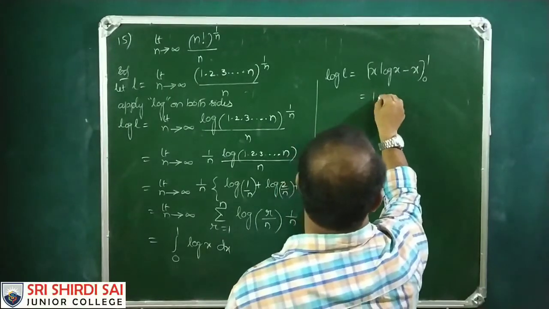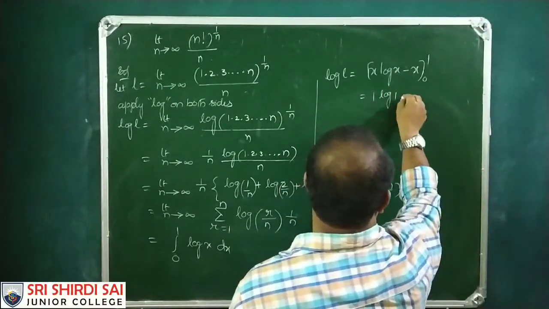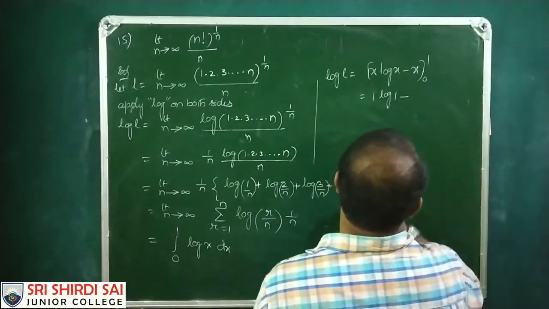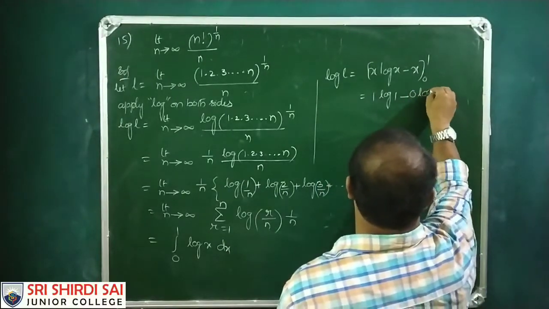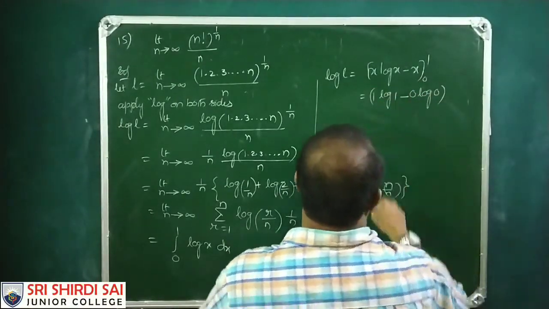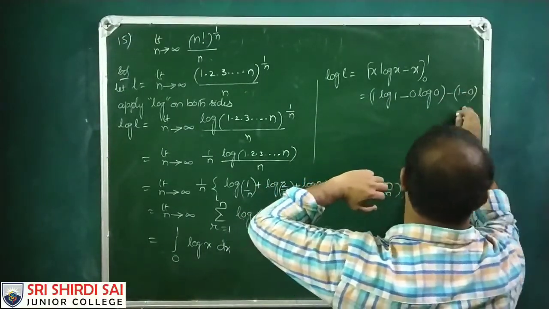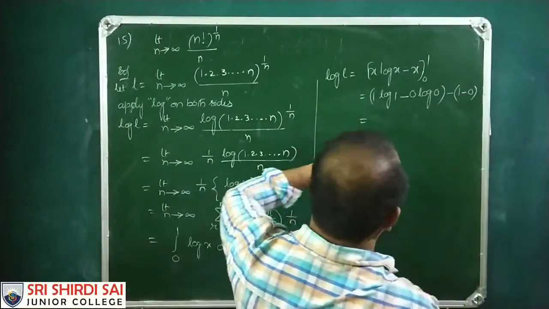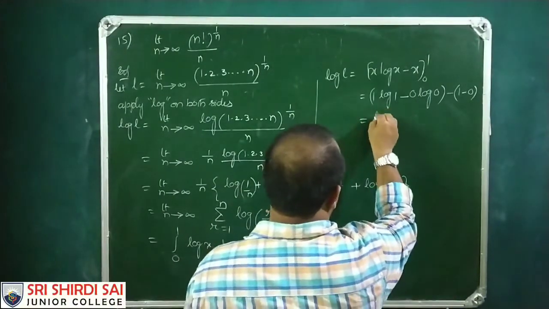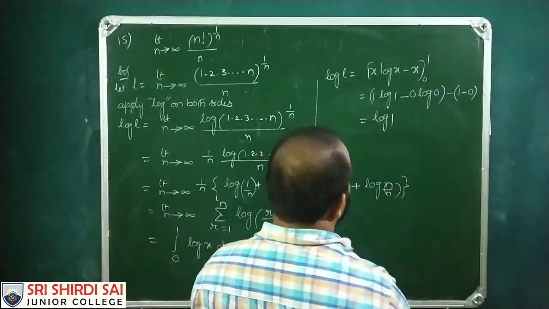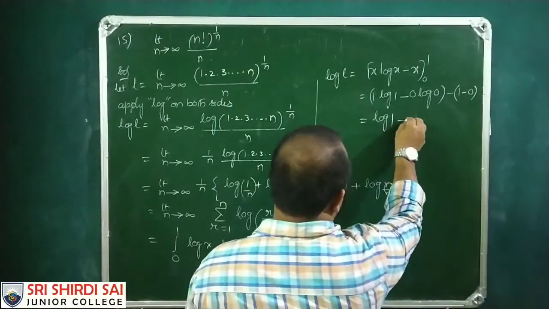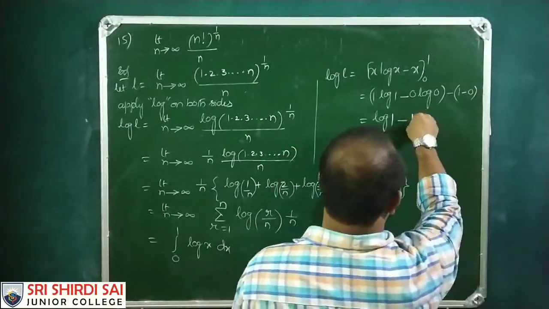This is 1 log 1 minus 0 log 0. This is over. Minus x is 1 minus 0. This is equal to log 1 minus 1 minus 0, which is 1.